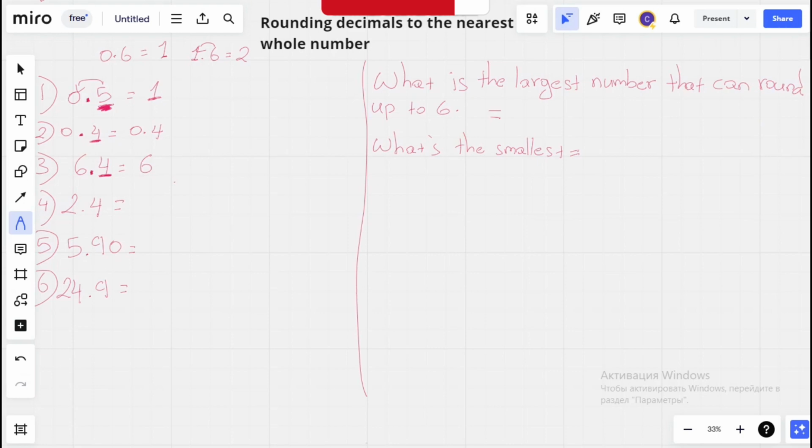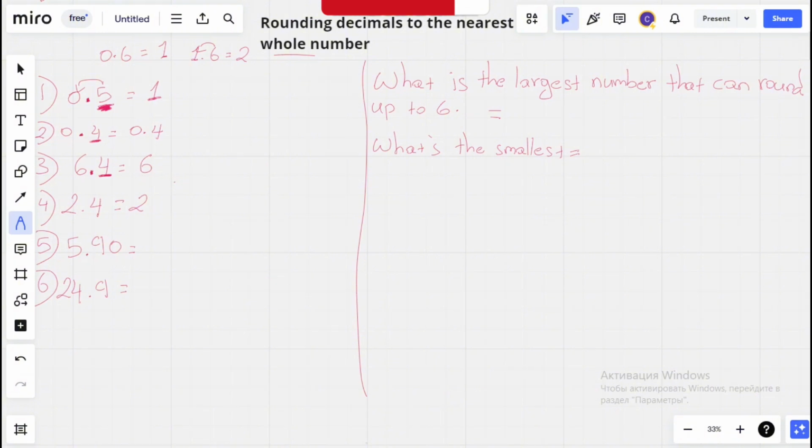You get it? Let's take another example. 2.4, is it bigger than 5? No, it's not. So it stays exactly the same. You can write 2 or 2.4. It's okay, but it says to the whole number. So let's just make it a whole number. Now 5.9.